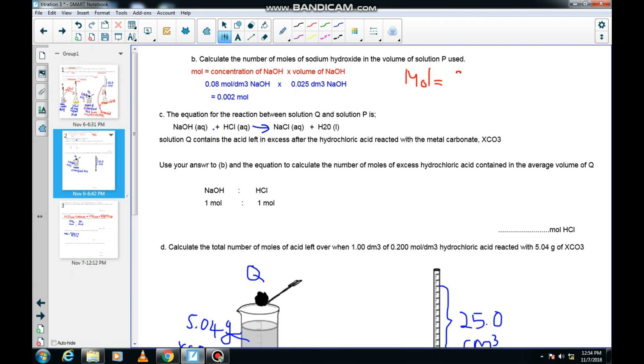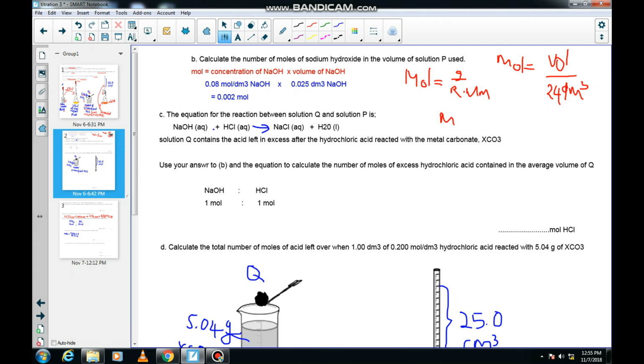Remember, moles equals the mass in grams divided by the relative molecular mass. When we are dealing with gaseous substances, the number of moles equals the volume of gas divided by the molar volume of gas at room temperature and pressure, which is 24 decimeter cubes.